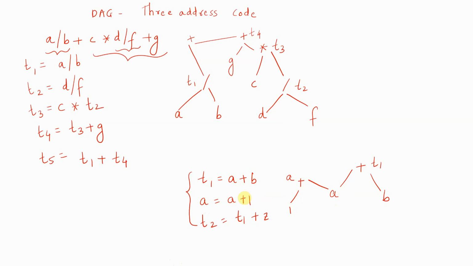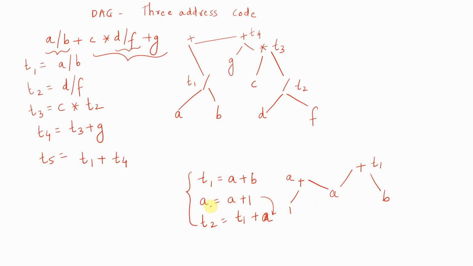Since we are updating the value of A here, if A is used afterwards, for example if the next statement is T2 is equal to T1 plus A, which value of A is to be used?